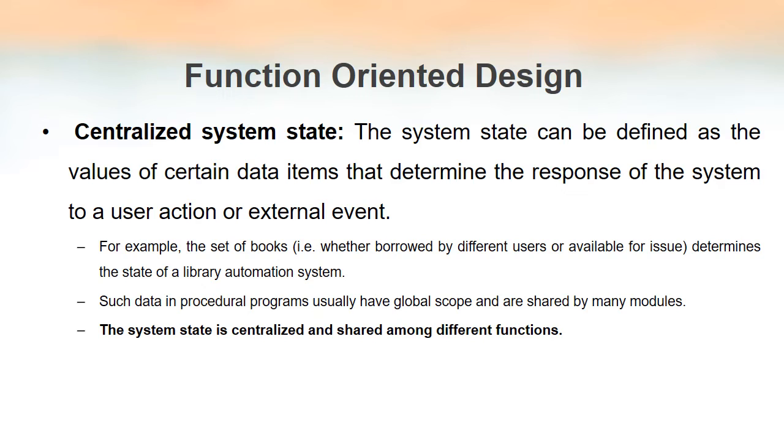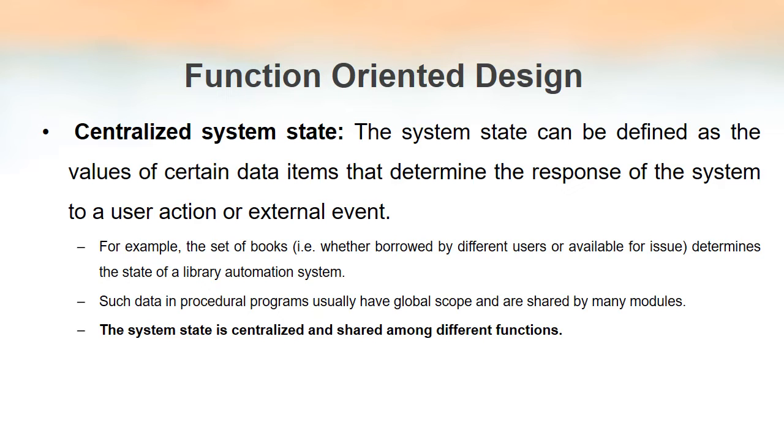A software means a collection of programs, not just one program. So all the programs in that software may be using this single global variable. So depending upon the value of the global variable, the functioning of each and every program will vary.